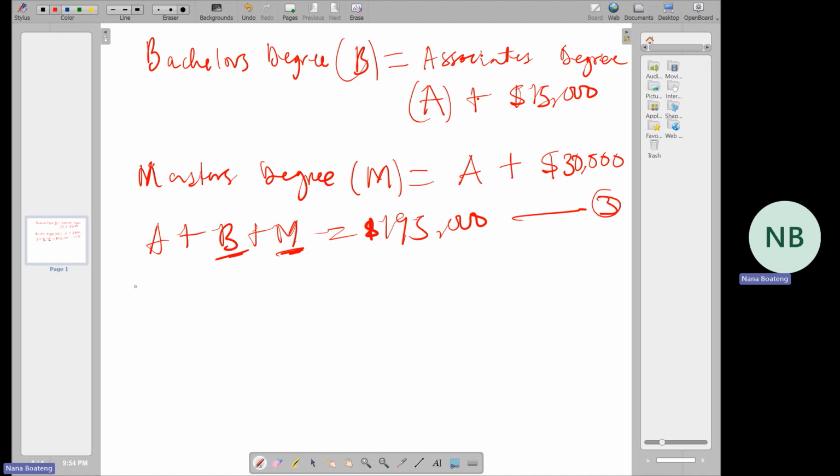So this becomes A plus B, and B is A plus 15,000, plus M, and M is A plus 30,000.